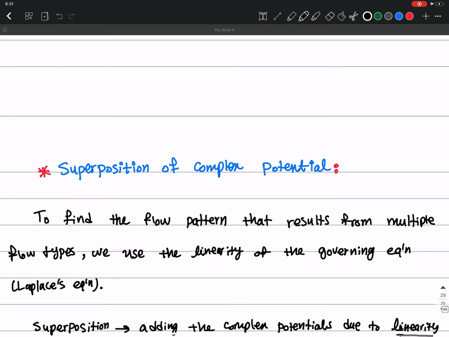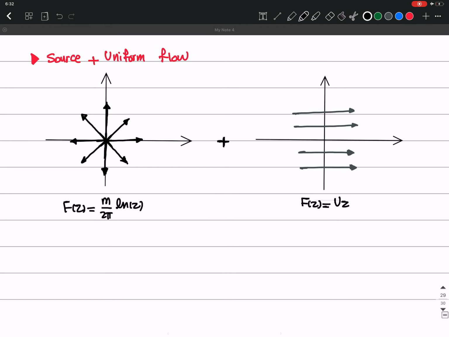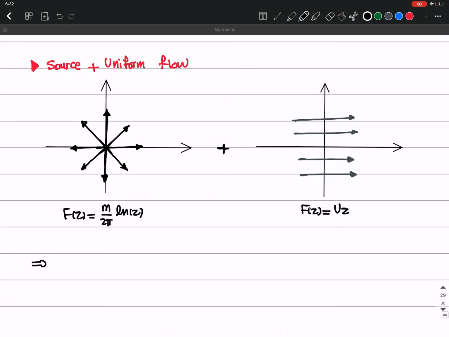Okay, these are things that we learned in previous lectures. So the complex potential of their superposition, source plus uniform, is going to be the addition of these two, which is going to be uz plus m over 2 pi ln z. So it's just superposition.